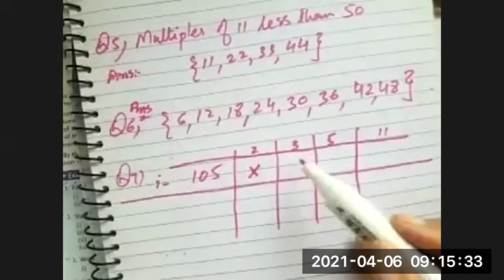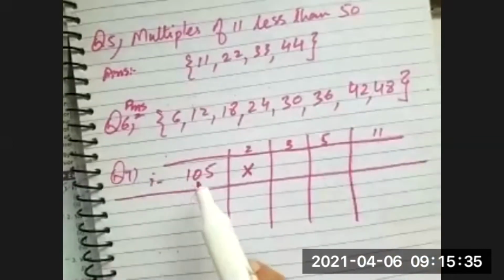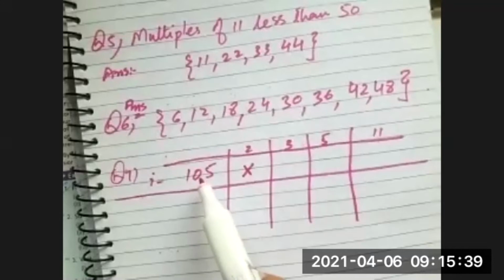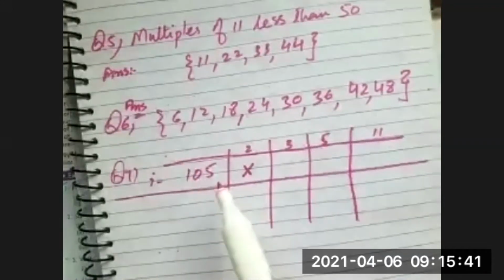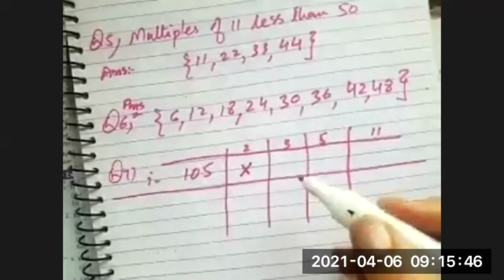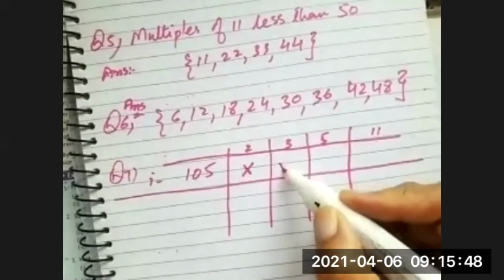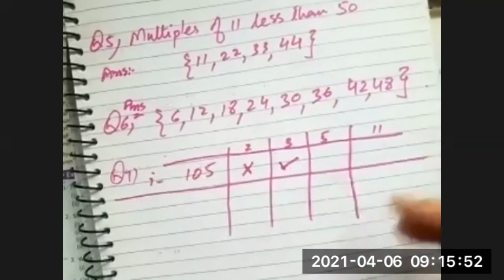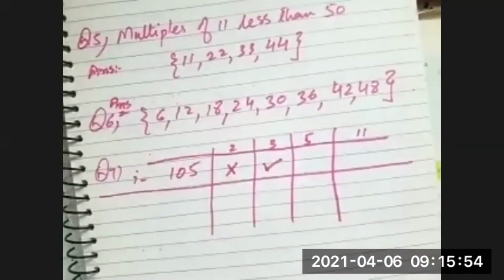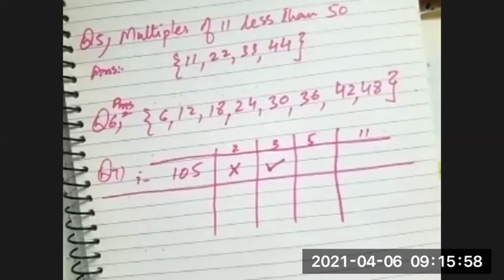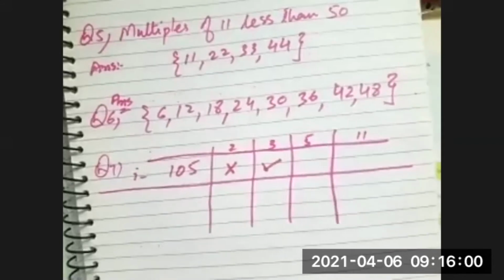For the divisibility of 3, you have to add up all the digits of 105. So 1 plus 0 is 1, plus 5 is 6. 6 is a multiple of 3, so you can say that 105 is divisible by 3. So tick in the square of 3.